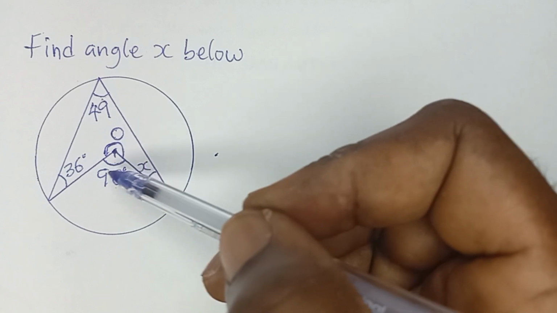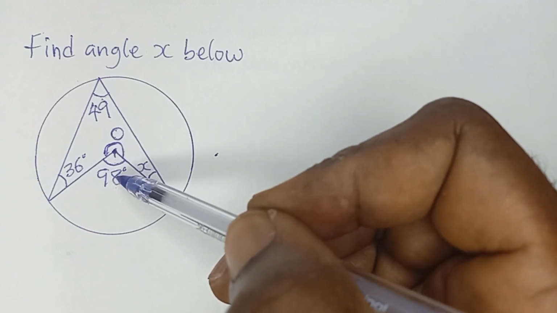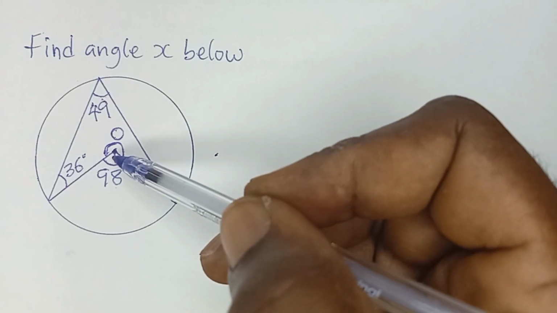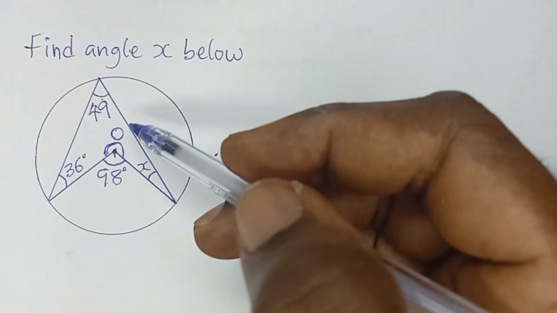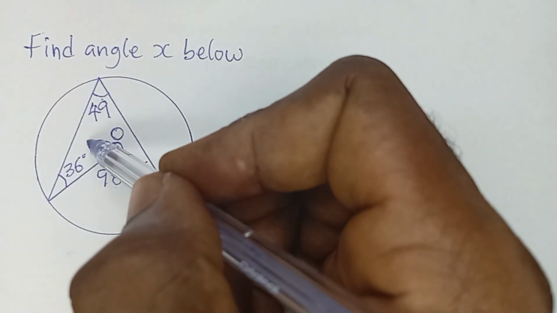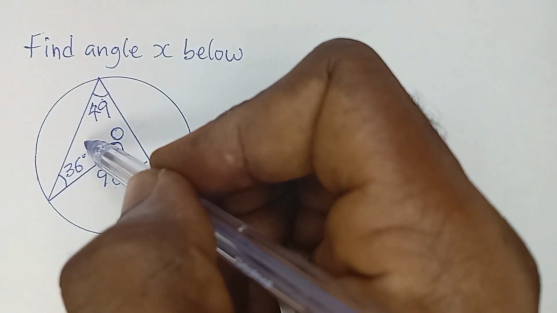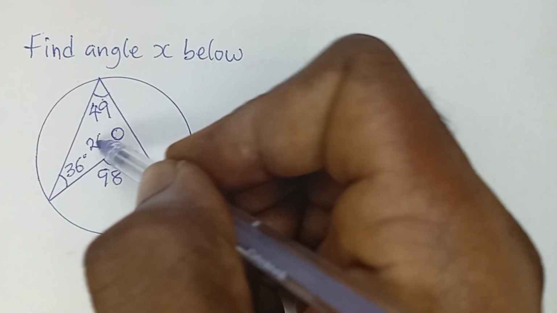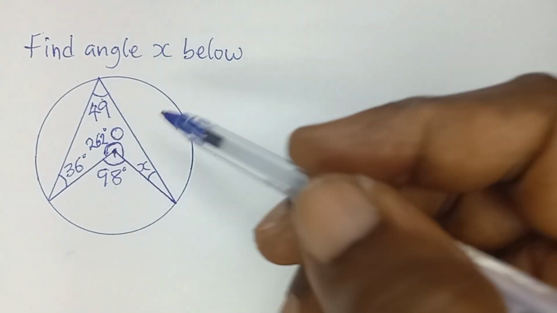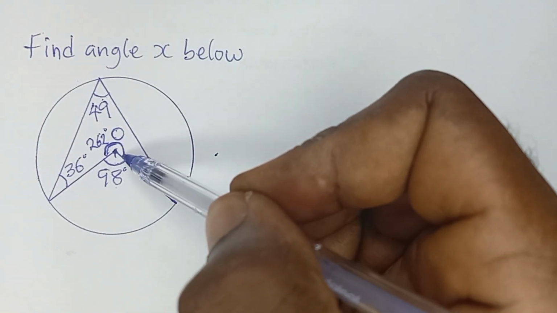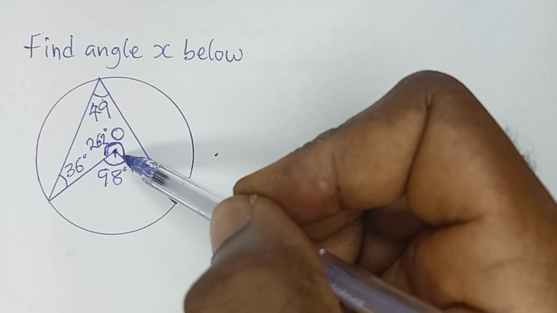So if this is 98, then this other side will be 262, because 360 minus 98 will give us 262 degrees. So this angle is 262 degrees.